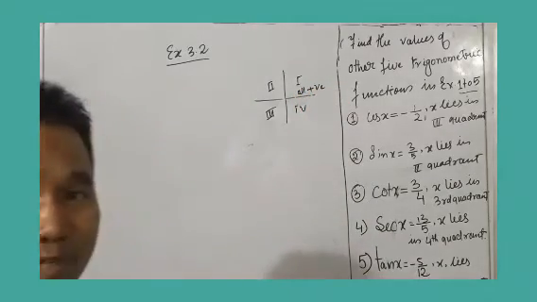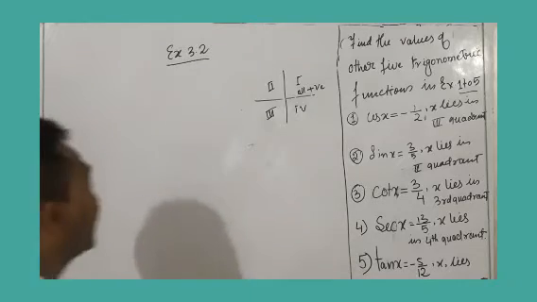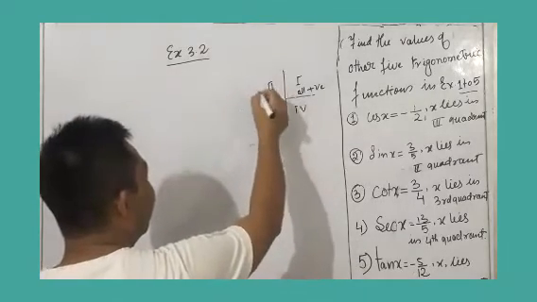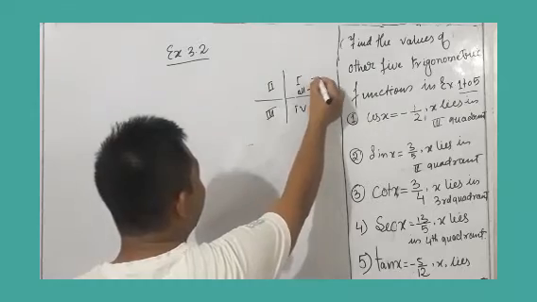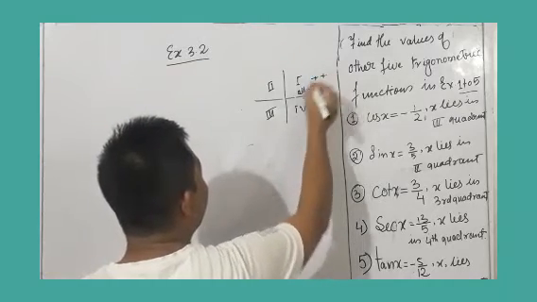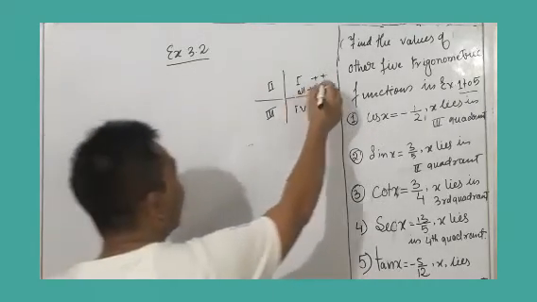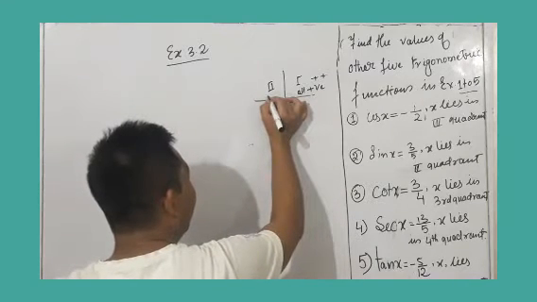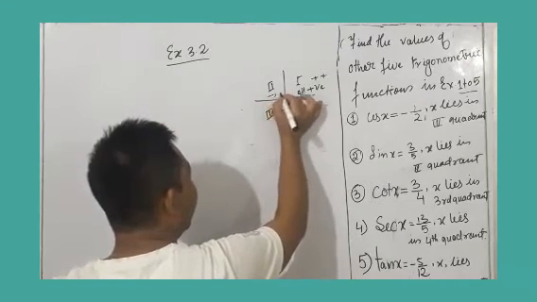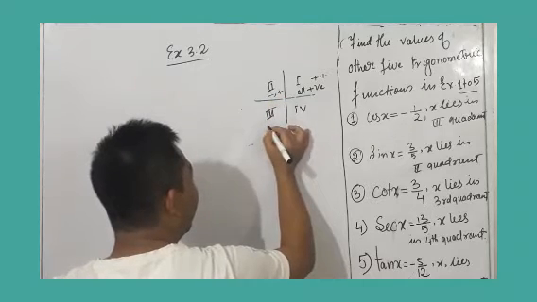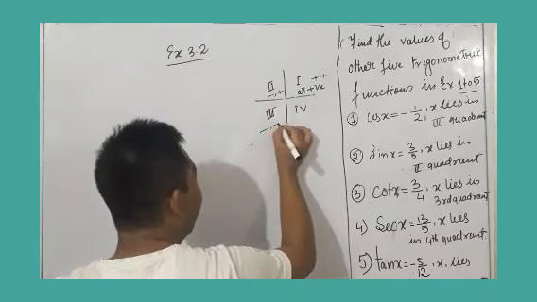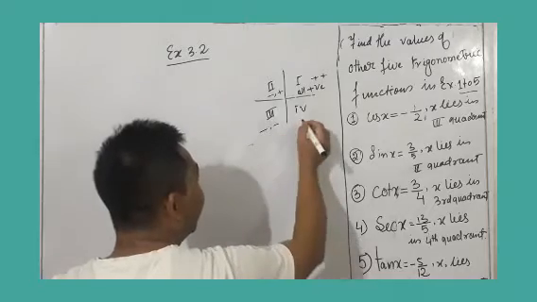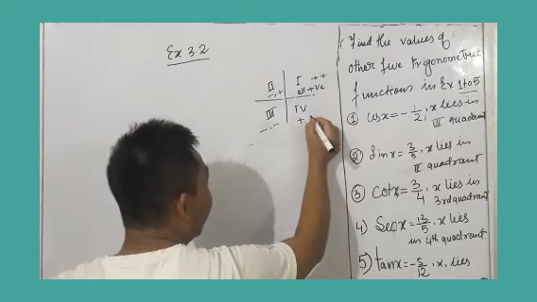The first quadrant is all positive. The second quadrant is minus and plus, the third is minus and minus, and the fourth is plus and minus.